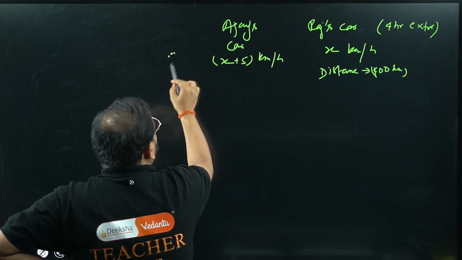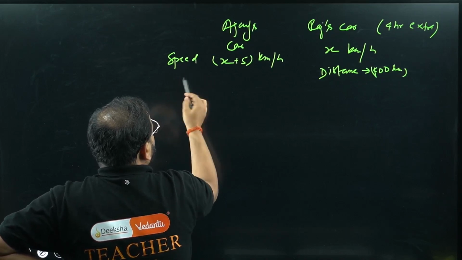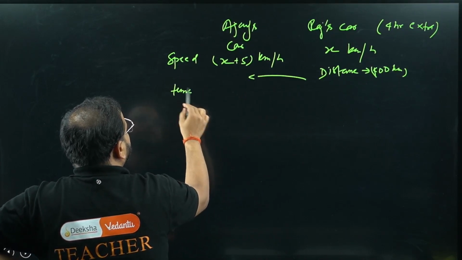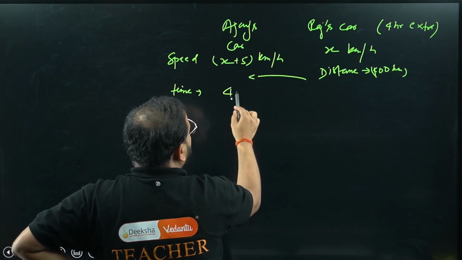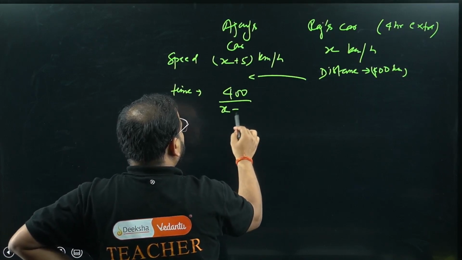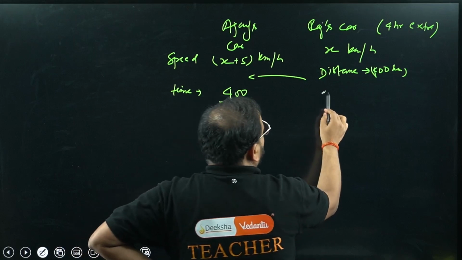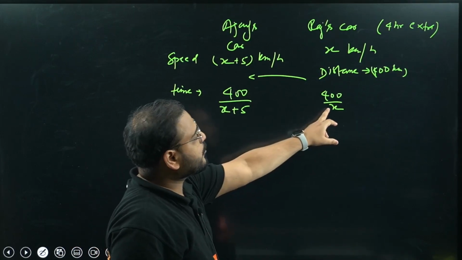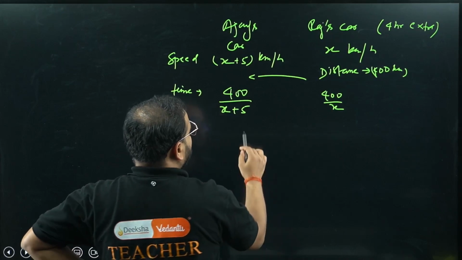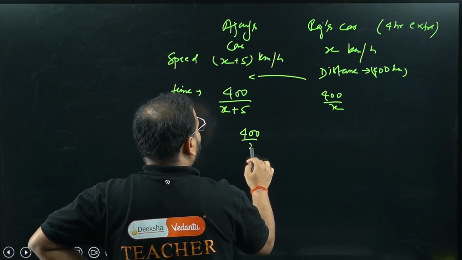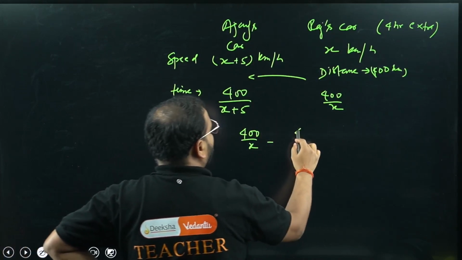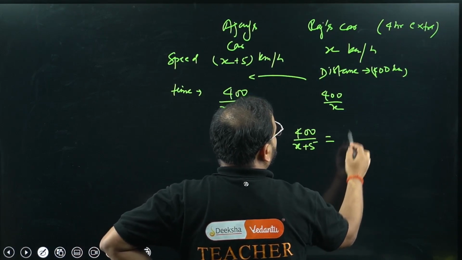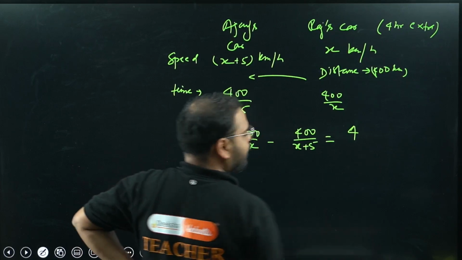Distance is the same for both. Time is distance over speed: 400 upon X plus 5 for Ajay, and 400 upon X for Raj, which is more. So we can write 400 upon X minus 400 upon X plus 5 equals the extra time, 4 hours.